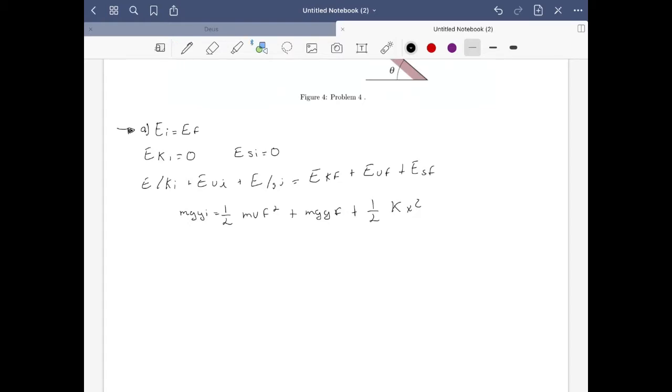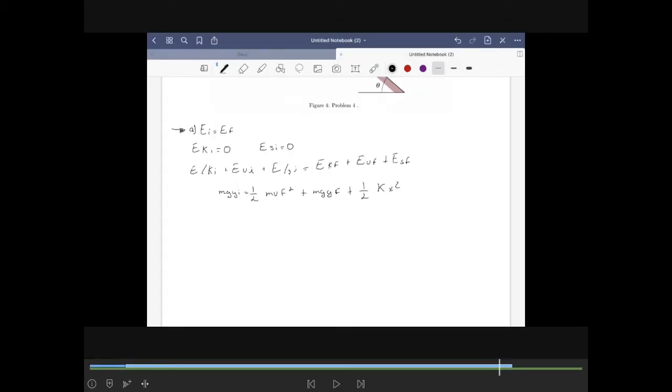But there is one little problem, and that is that we don't have the initial height. So we know that the box slides 10 centimeters from its initial point, so we mark the initial point of the box as its initial height.